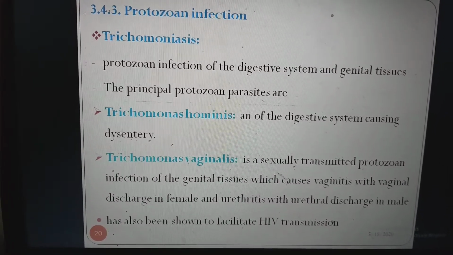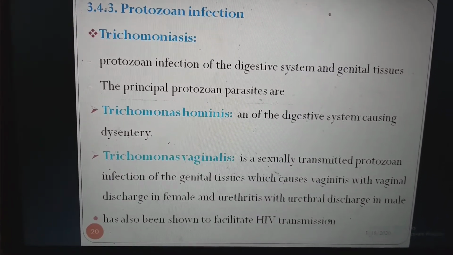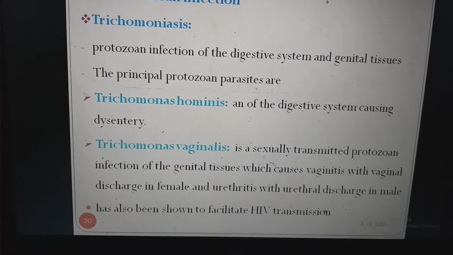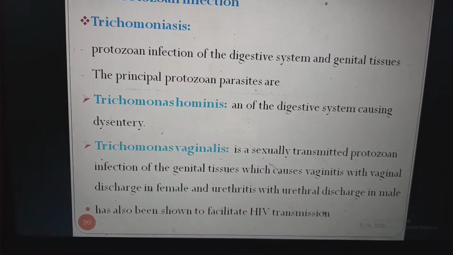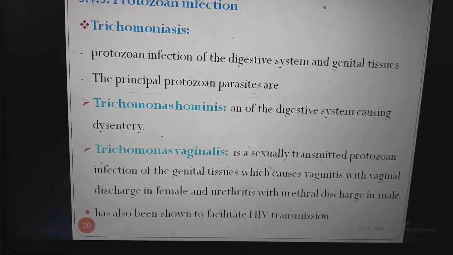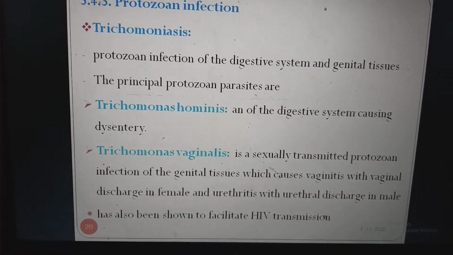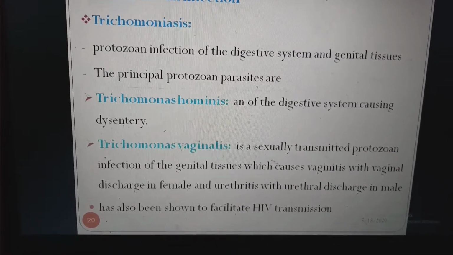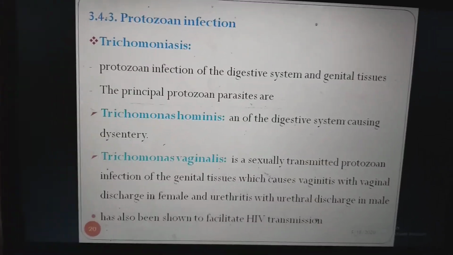The other is Trichomonas vaginalis, a sexually transmitted protozoal infection of genital tissue which causes vaginitis with a vaginal discharge in females and urethritis with urethral discharge in males. It has also been shown to facilitate HIV transmission.